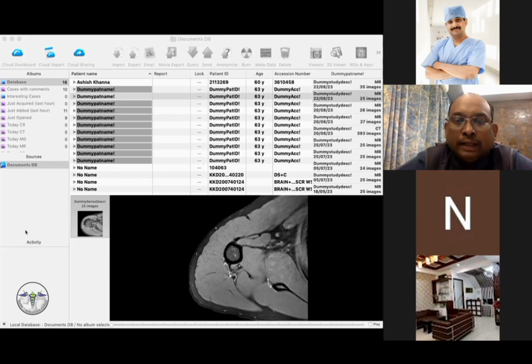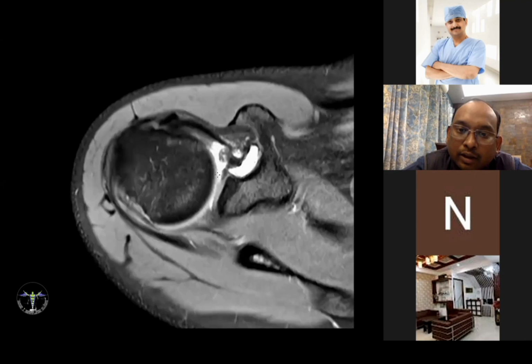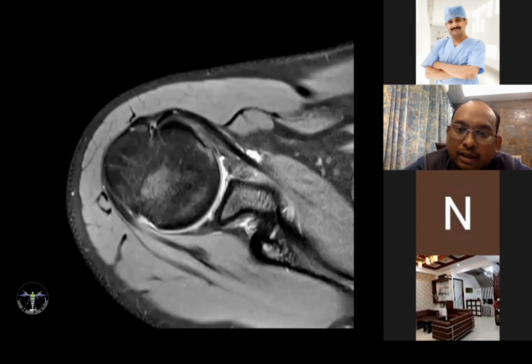So, imaging wise, when we call it a SLAP or superior labral involvement, in this case I'll just show you. Here you're able to see a uniform dark band. This is the superior labrum, and you can differentiate between this and this appearance. Here you are not able to see the labrum at all, and there is some irregularity, some thin dark band which is seen.